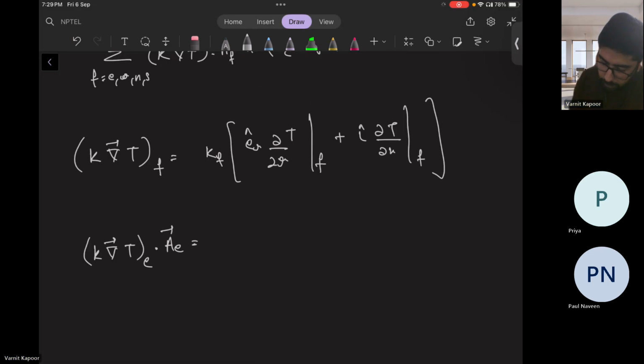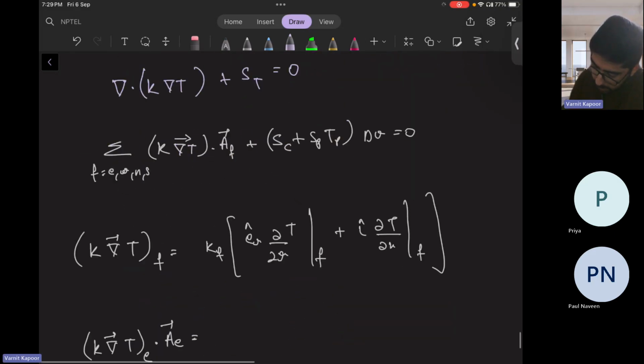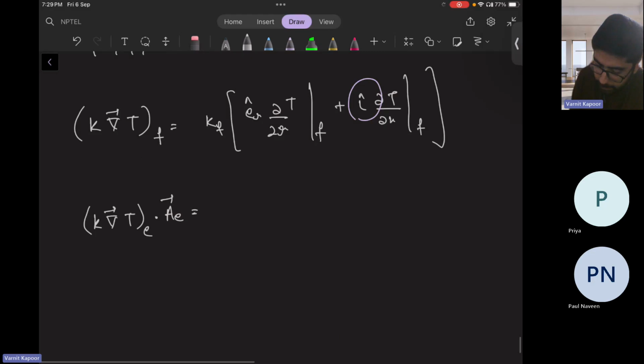A east, as we have seen, has a contribution along the I hat term, so I dot I will be 1. This term will contribute, so it will give you KE, RE, del R, dou T by dou X of east.